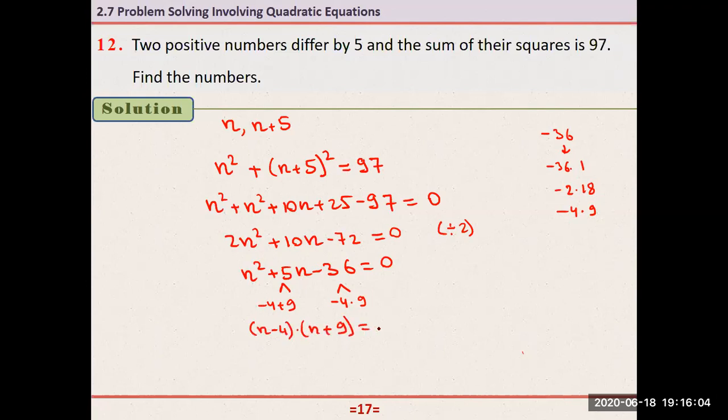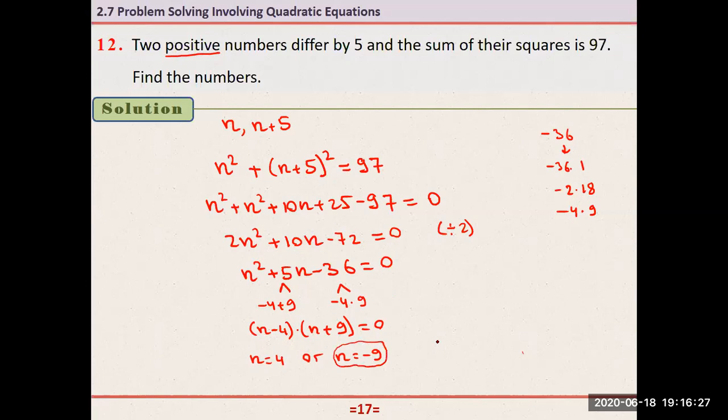That's equal to 0. And since the product of these two expressions is equal to 0, each factor should be equal to 0, right? And from here, n equals 4 or n equals negative 9. And the question says positive numbers. So this number is not positive, right?